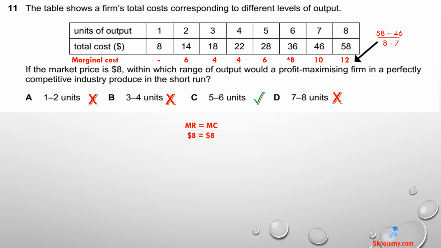In a perfectly competitive market, marginal revenue is the same as the price. Therefore, marginal revenue is $8. Then marginal cost is calculated by using the formula change in total cost divided by change in quantity. The marginal cost from 5 to 6 units is $8. This is equal to the marginal revenue.